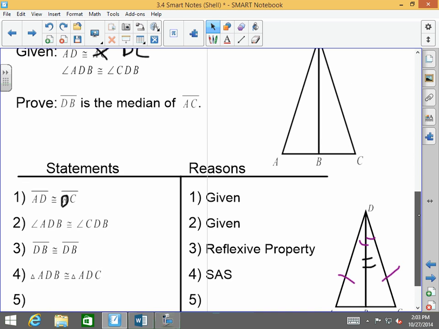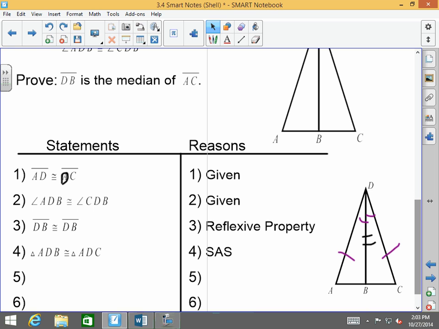Now, I'm trying to prove, guys, that DB is the median. And remember what we had stated. If DB is the median, what does that mean? What does it do to segment AC? It would bisect them, right? Right, guys? Okay, so keep that in mind.